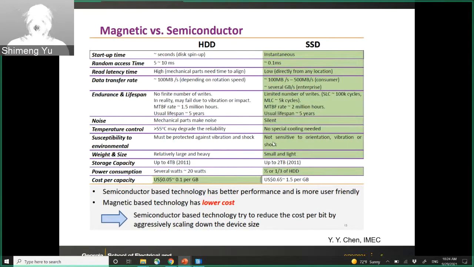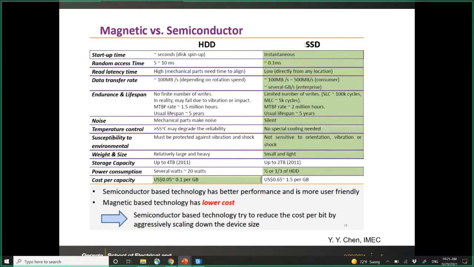And you don't have the fan or mechanical rotation of the hard disk drive, so it's more quiet. It's basically all good. Of course, the price is a little bit higher than the hard disk drive. But today, because SSD technology moves so fast, it becomes more and more available.